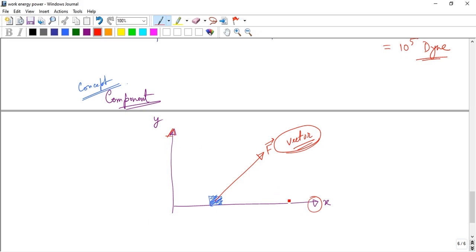The x part of force is called Fx, and the y part of force is called Fy. If the body is displaced in that direction, that is the direction of displacement.